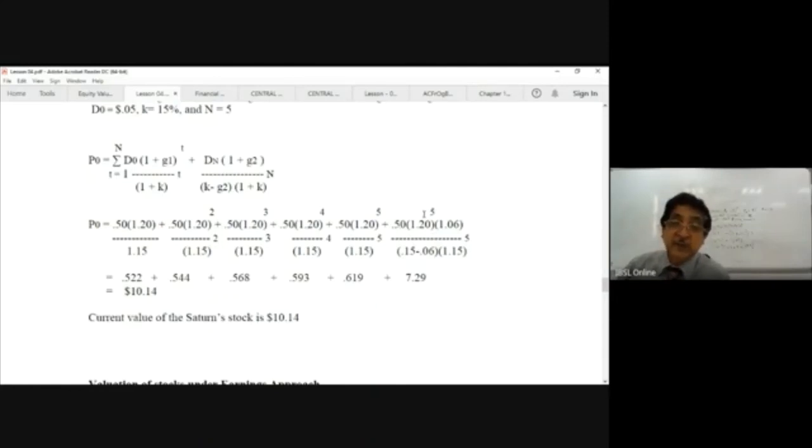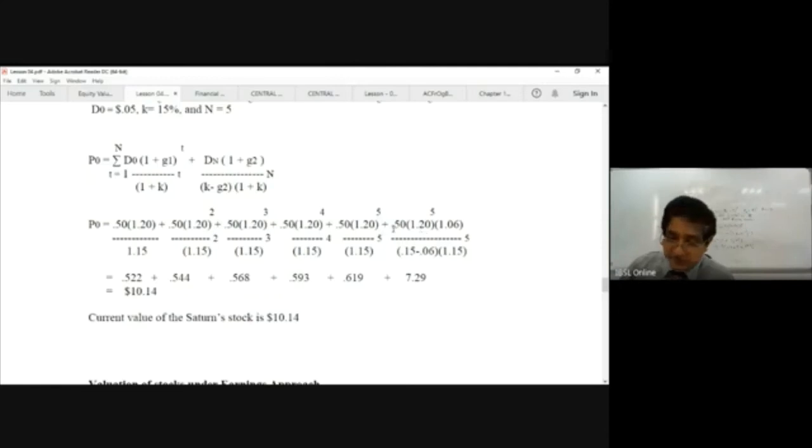So D6 is 0.50 into 1.2 to the power 5 into 1.06, the sixth year dividend.